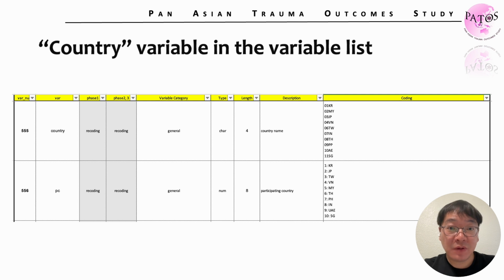Let's see the variable list Excel file, which is the most important file I previously told you about in another presentation. There are two variables about country, number 555 country, and number 556 PC, which means participating country.